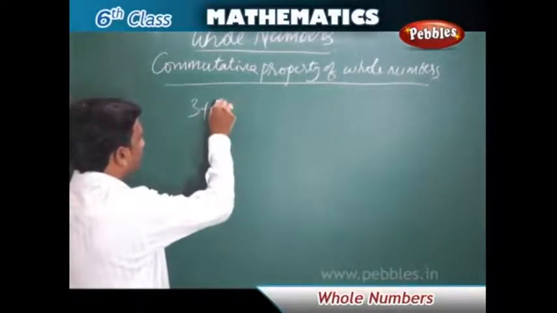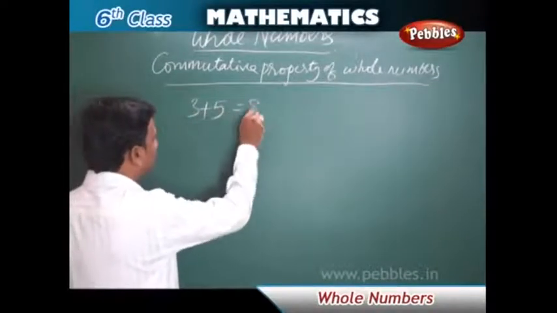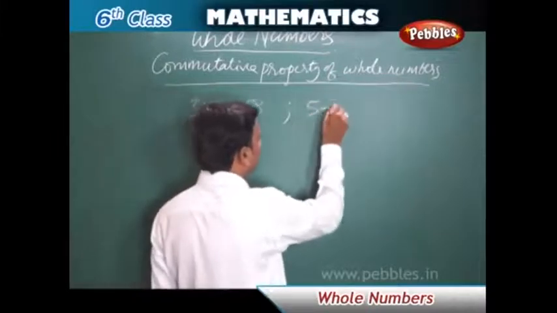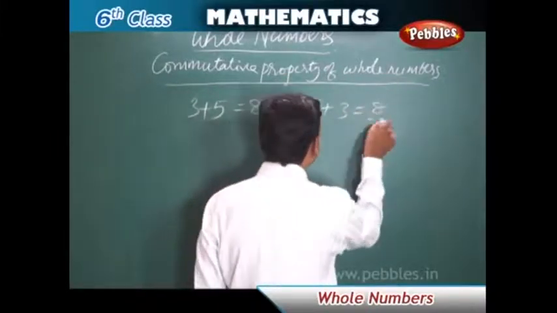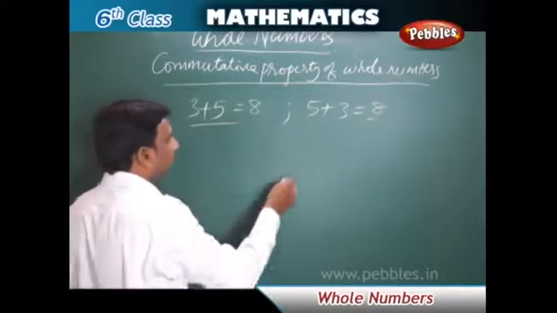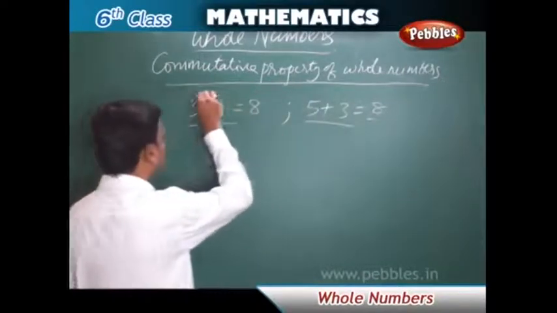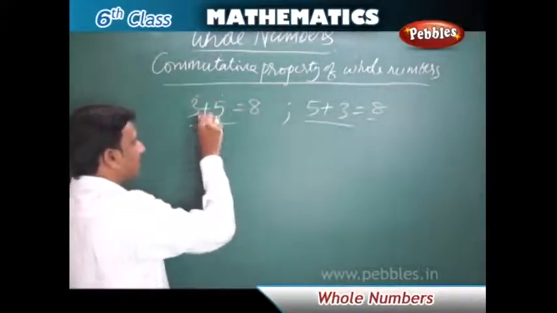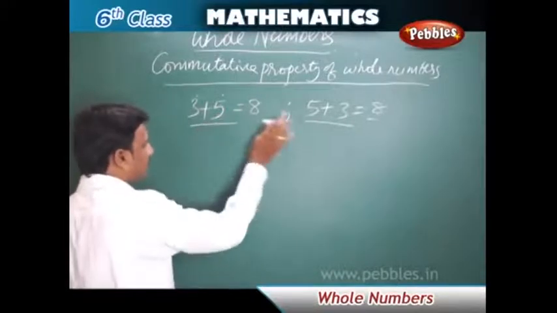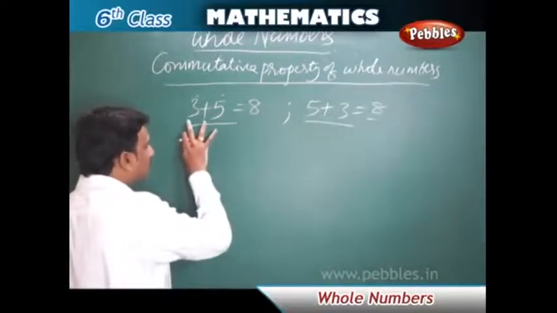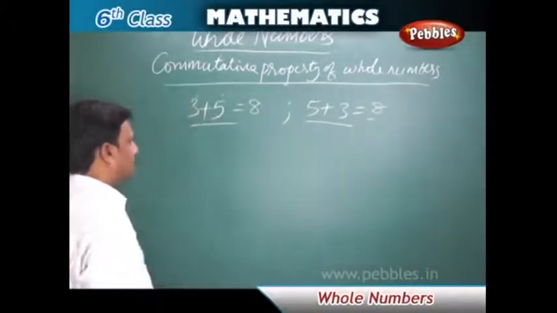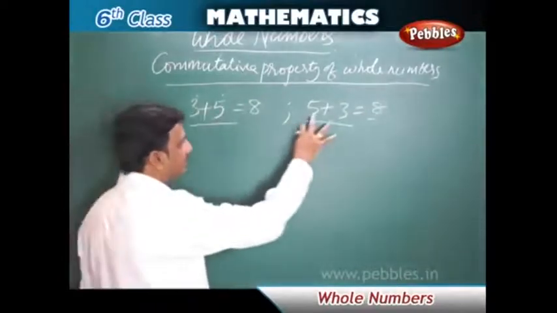Let us see the addition of 2 whole numbers. 3 plus 5 equal to 8. 5 plus 3 equal to 8. So here we have an addition of 2 whole numbers. In both cases, the whole numbers are the same, but the order of the pair is changed. Here the same pair 3, 5, and also 5, 3.